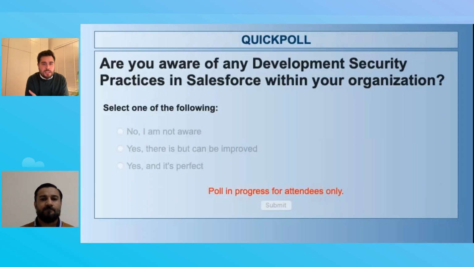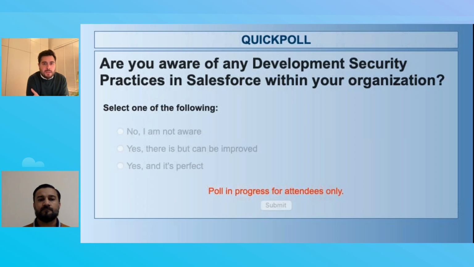So the first poll is, we want to ask you guys that are in the field whether you are aware of any development security practices within your organization, specifically around Salesforce. So please try to share with us your experience so far. You don't have to work in the field, but we just want to understand if you are aware that there are any practices within your organization.